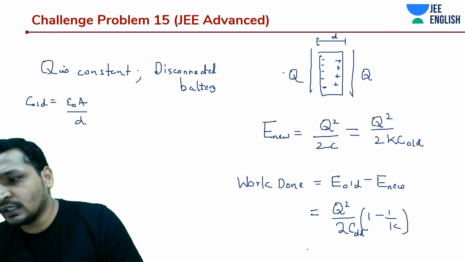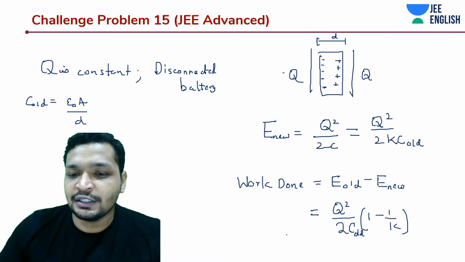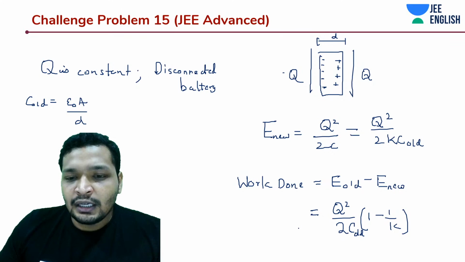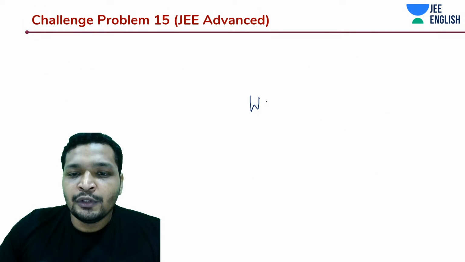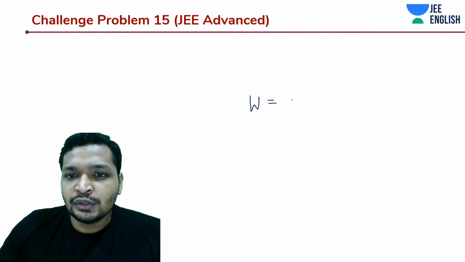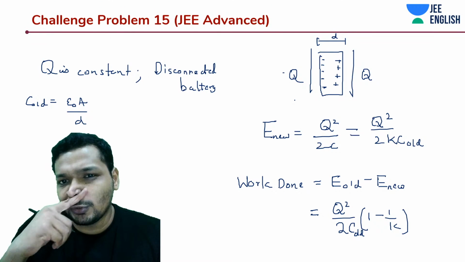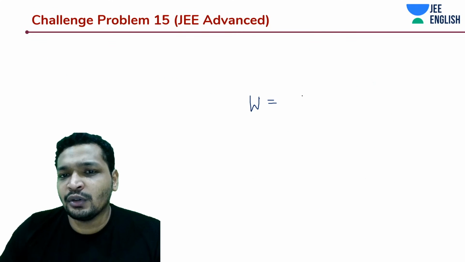The field would decrease, everything would decrease except for the charge. So from here you can substitute the C volt. Your work done W is going to be Q square by 2C, and we have the value of Q. You can substitute all of those and get the answer.